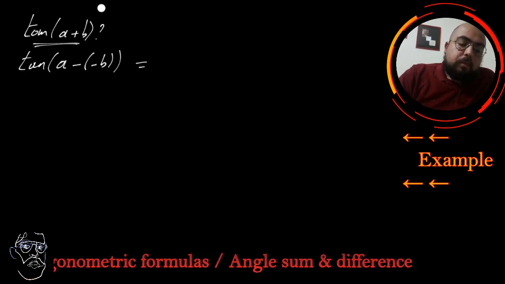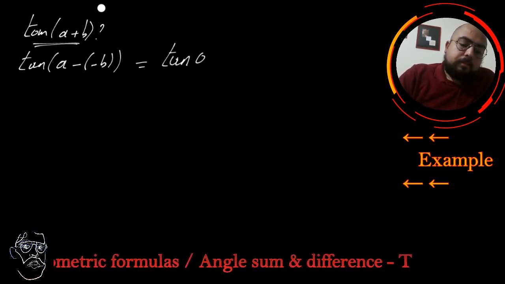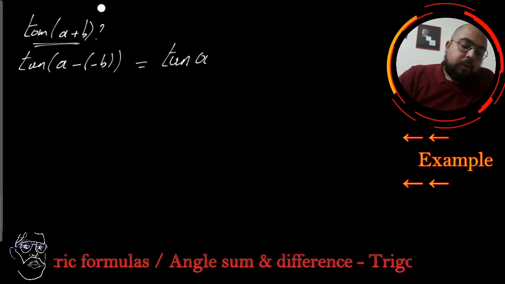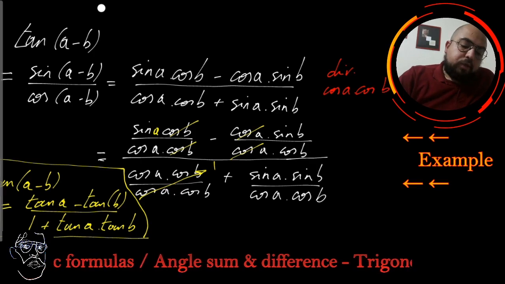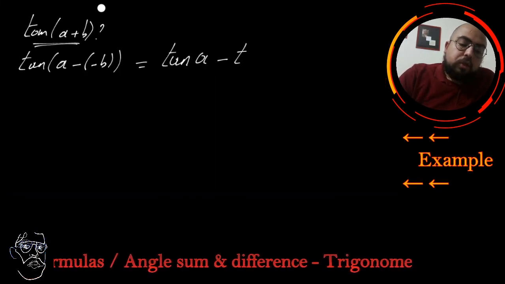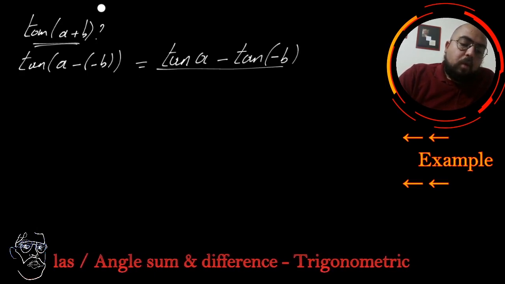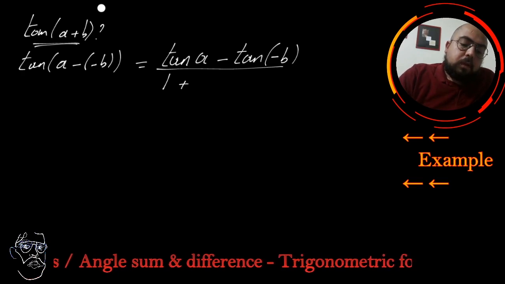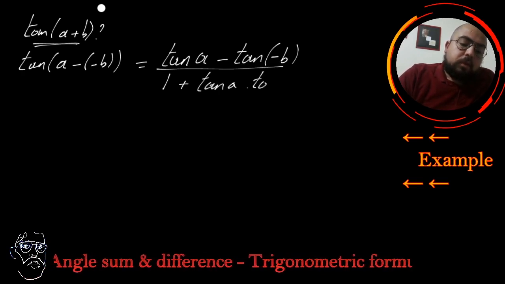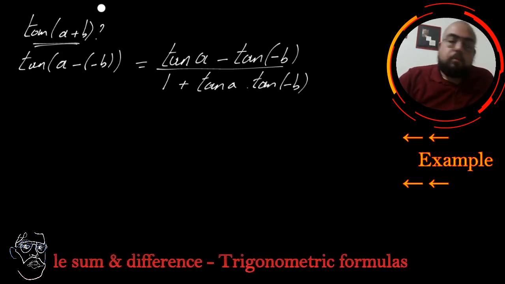So it will be tangent A, just like we had previously done, minus tangent of the angle minus B, over 1 plus tangent A times tangent of the angle minus B once again.